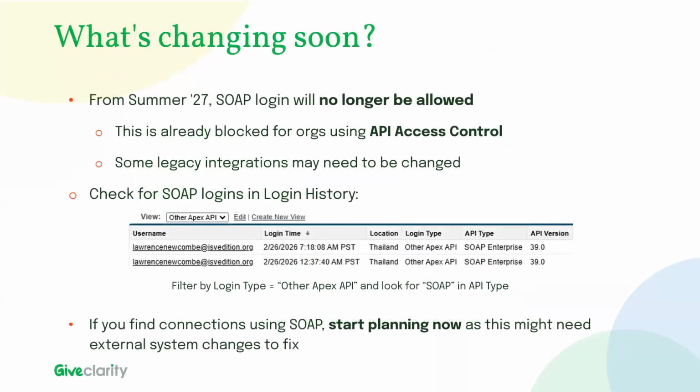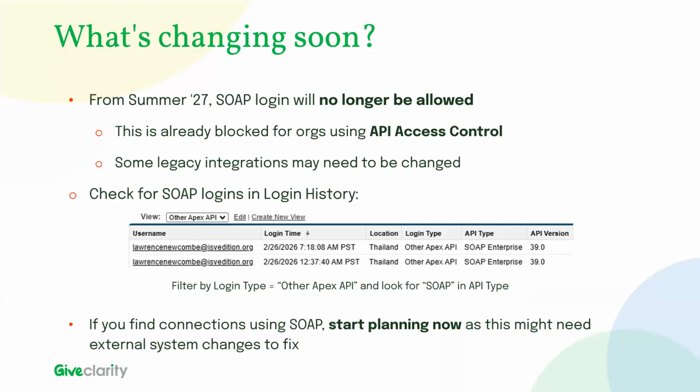Fortunately, it's pretty easy to see if you've got any SOAP login usage going on. You can look in login history, either run a report or extract the last 6 months, and there's an API type that shows either SOAP Partner or SOAP Enterprise.